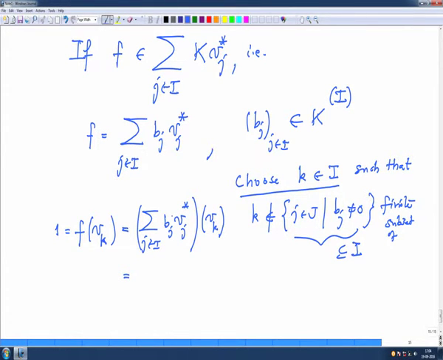I will take the evaluation inside, because this is a finite sum and all these are linear forms. So this is the sum over j in I of b_j v_j star of v_k. But you see, wherever b_j is non-zero, this k does not appear there, so each term is 0.